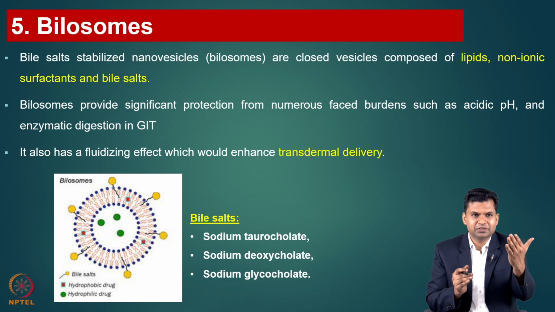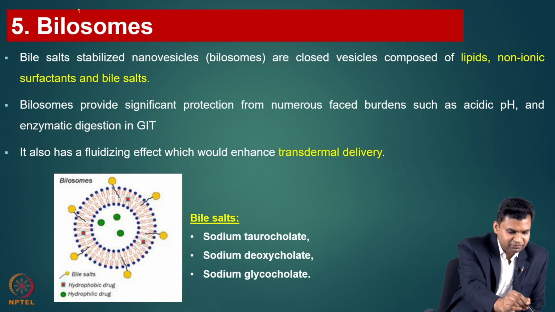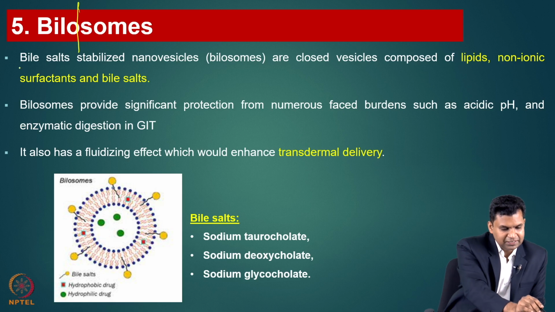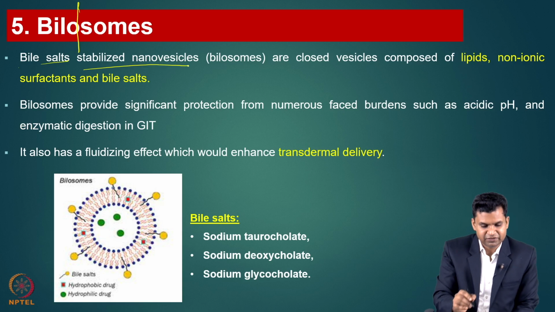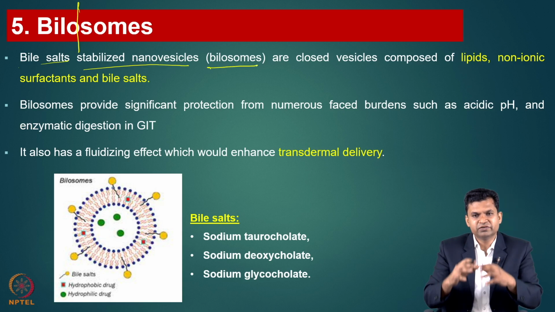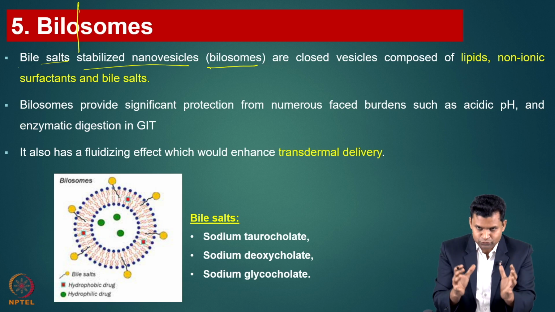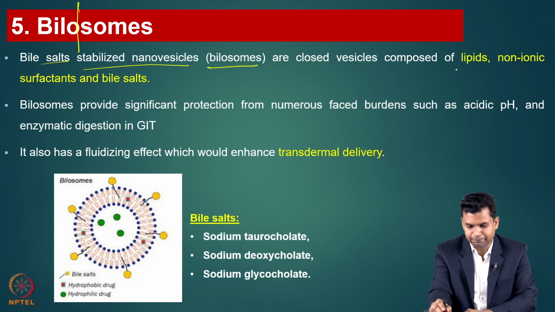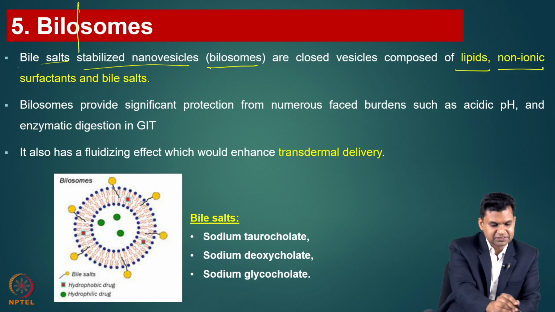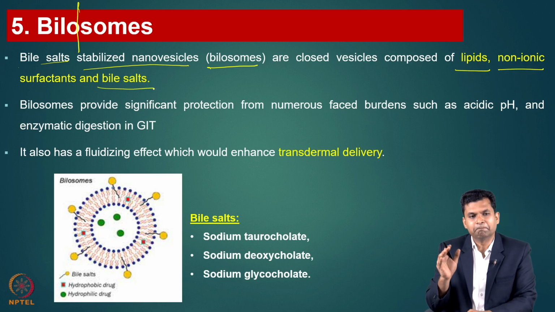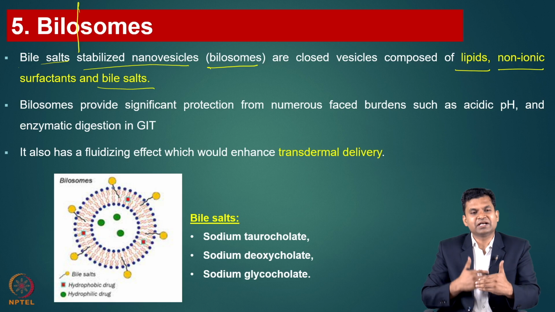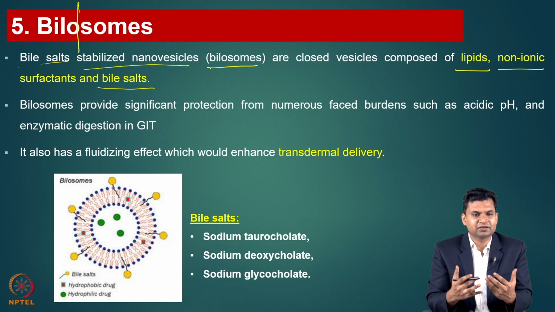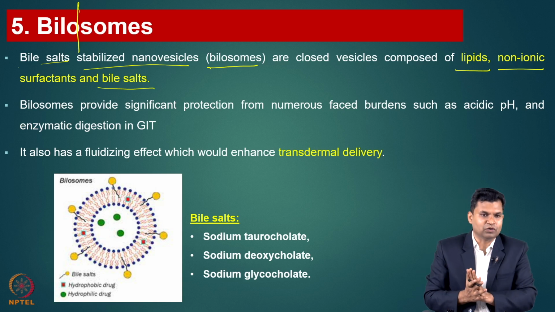So, when it comes to Bilosomes, the name itself speaks about it: they contain bile salt stabilized nanovesicles, which are closed vesicles similar to liposomes, containing lipids, non-ionic surfactants and also the bile salts. See, one more additional component is coming.